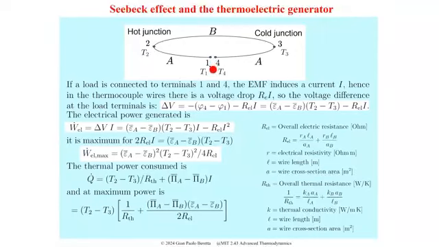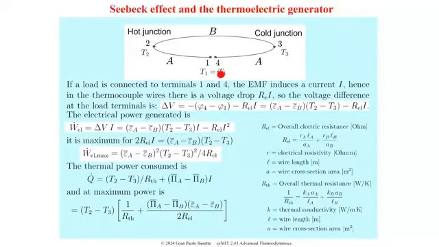So I attach an electrical load to the two places where before I was attaching the voltmeter, and electric current will start flowing because that voltage will cause a flow of electrons. But then what does it do?